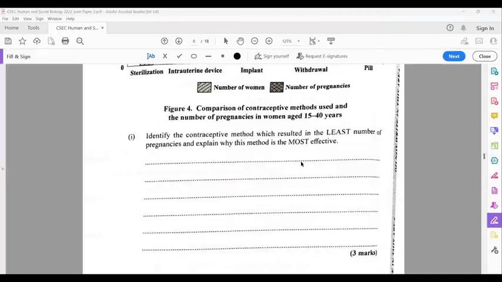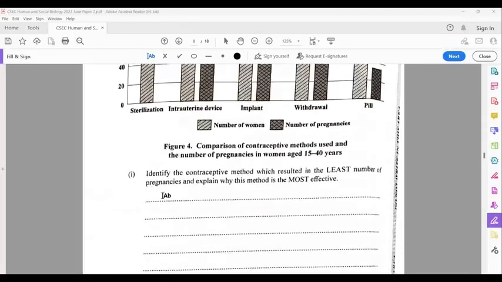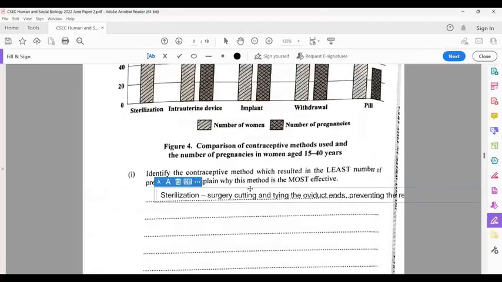The method which resulted in the least number of pregnancies, that means it worked well. Just looking from this, the number of pregnancies for sterilization was none. So there was no pregnancy. So that is the best contraceptive. So our answer here is sterilization.